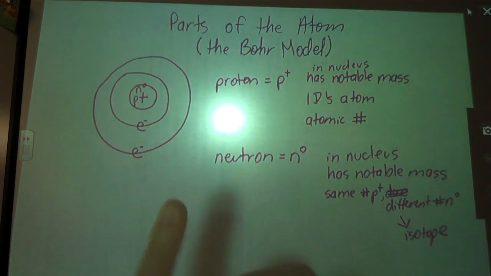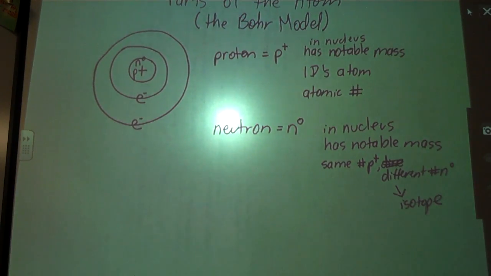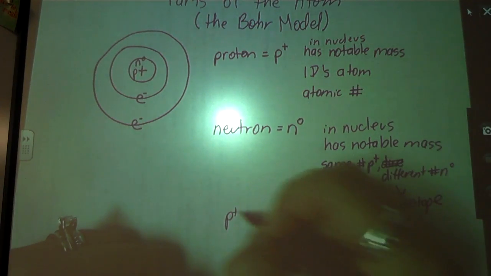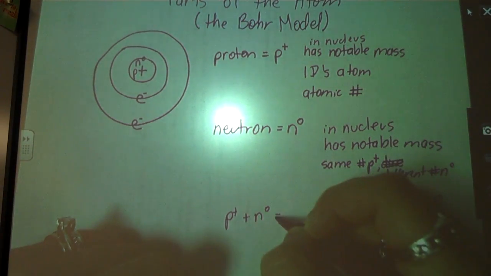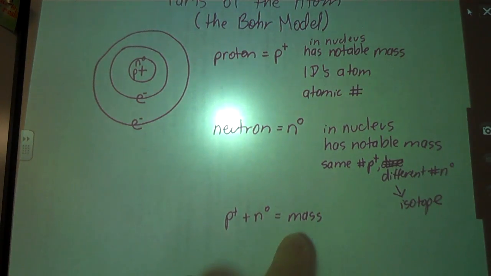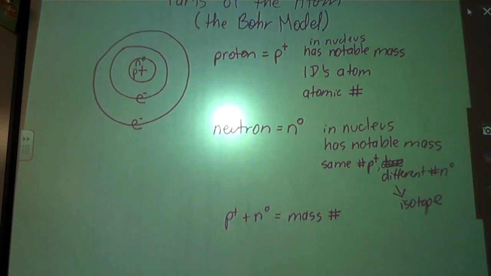And it generally has some different properties, does some different things. But for now, I just want you to know that they exist. Together, our protons plus our neutrons make up the mass of our atom. This mass number, or an average of all the different isotopes, is found usually at the bottom of whatever elemental box you're looking at. But only our protons and our neutrons help us figure out our mass number.